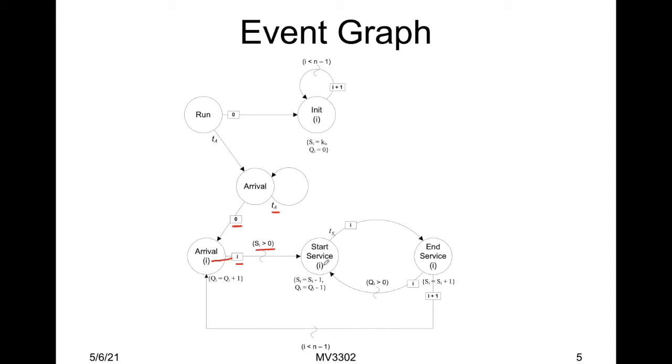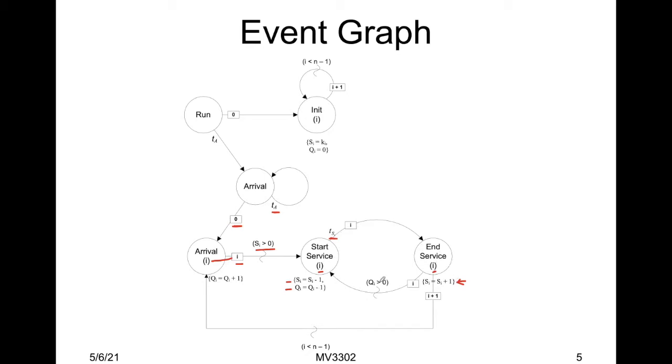Then when start service at station I occurs, it decrements the number of available servers at station I, decrements the number in queue at station I, and then schedules an end service event at station I with a delay given by the service time at station I. Then when end service occurs, it's going to increment the number of available servers at station I. And then two things are going to happen.